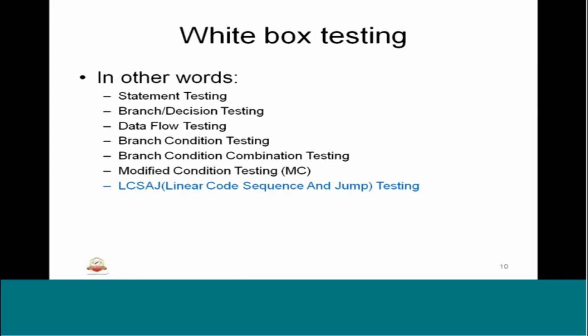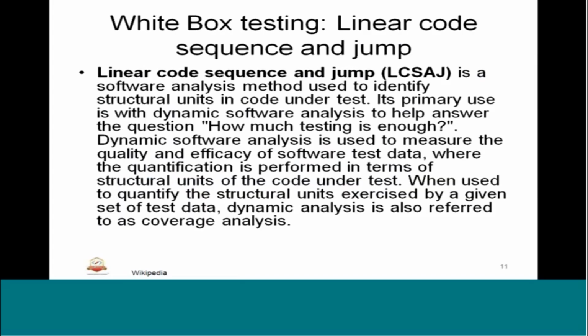The next one is linear code sequence and jump. This generally we follow, not with this name but indirectly through MCDC, modified condition testing. We will add it, but certain specific industries or applications prefer to have this. This is a software analysis method basically used to identify structural units in the code and the unit under test.